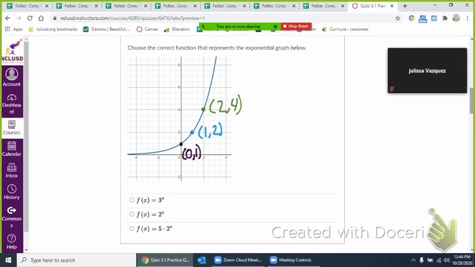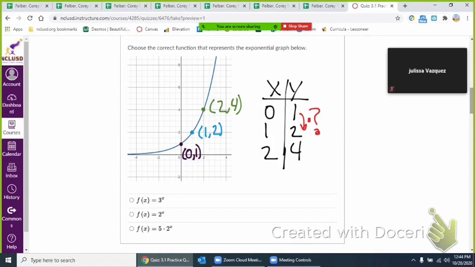All right, so then for your table for this one, again, 0, 1, 1, 2, 2, 4. All right, and then we got to figure out what we're multiplying by. And that should allow you to figure out which one of these is right.